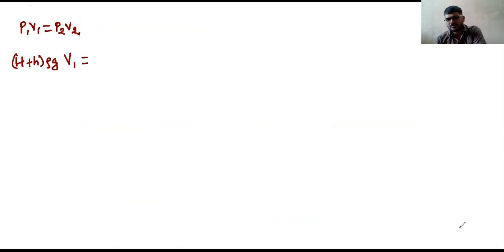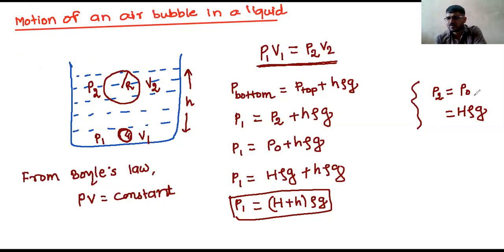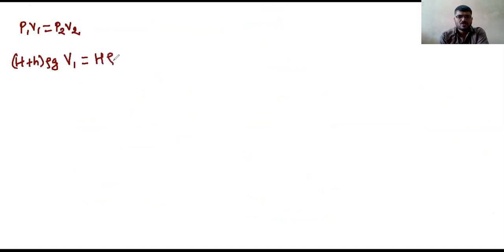P2 is P naught, that is atmospheric pressure, and its value we know, capital H rho g, into V2. If I cancel rho g from both sides, I am getting H plus h into V1, which is equal to capital H into V2.